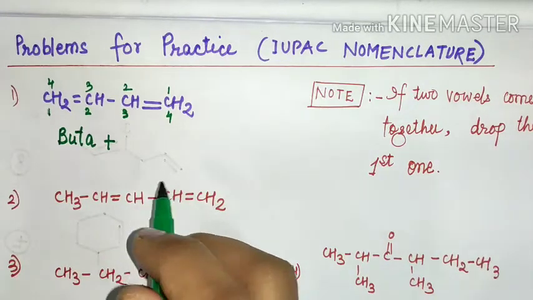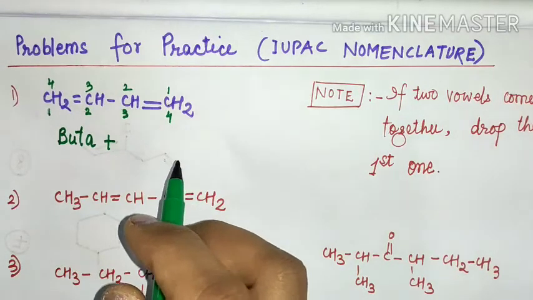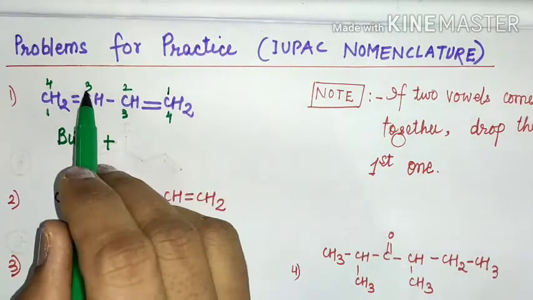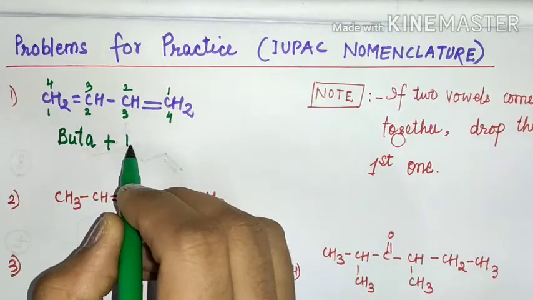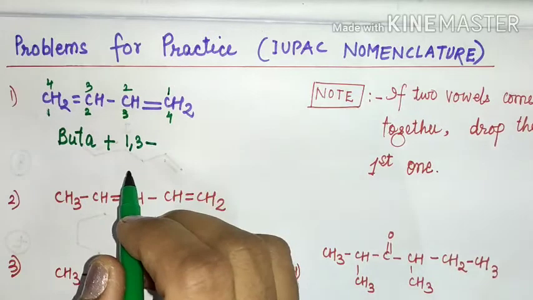We know the primary suffix indicates the unsaturation present in an organic compound. Here, the double bond is present at position 1 and position 3. So, we will indicate the position 1, 3. For a double bond, we will write ene.